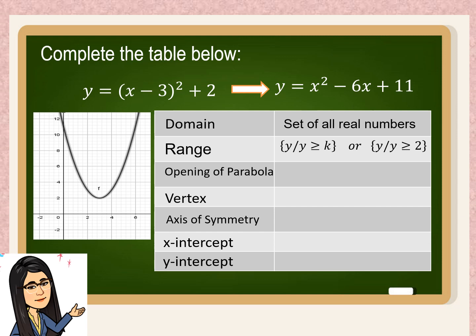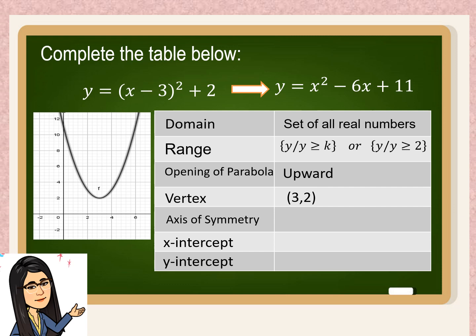Now, what is the opening of the graph? Since the value of a is positive 1, it opens upward. So, what is now the value of the vertex? Looking at the values of h and k in the vertex form, we have (3, 2). How about the axis of symmetry?